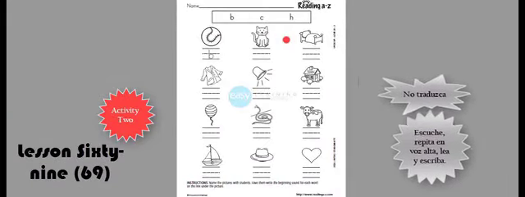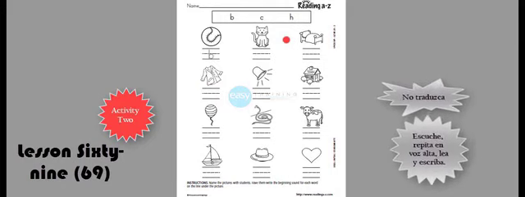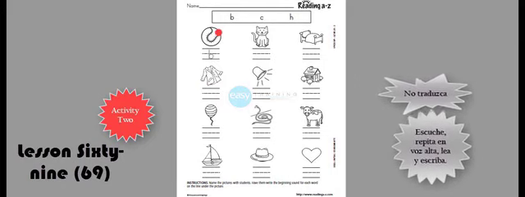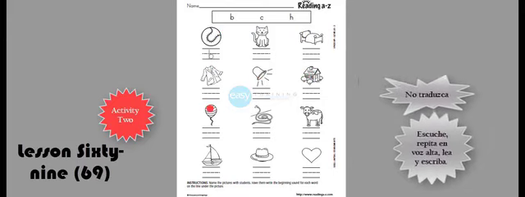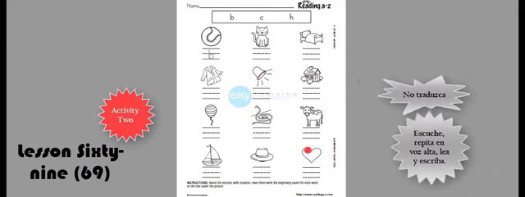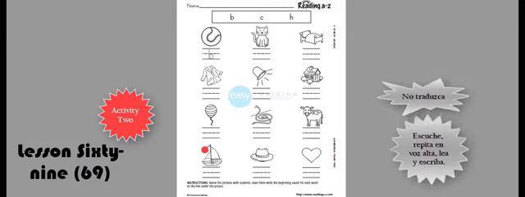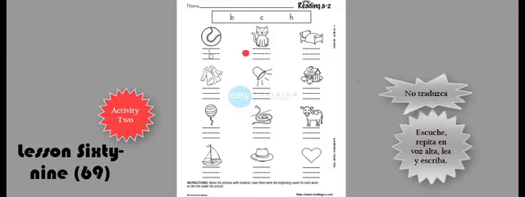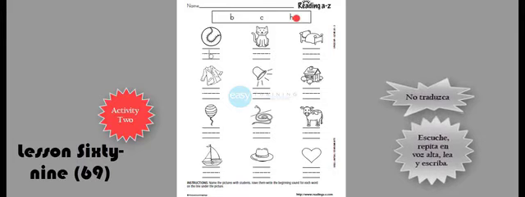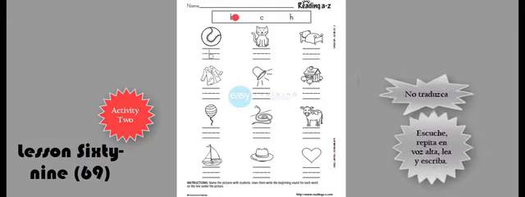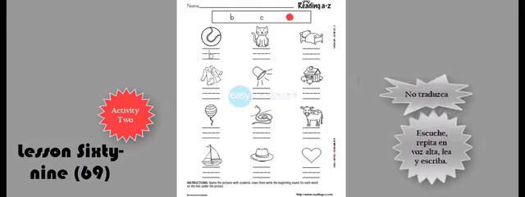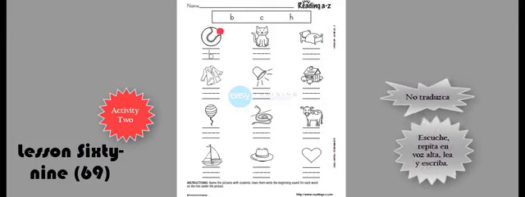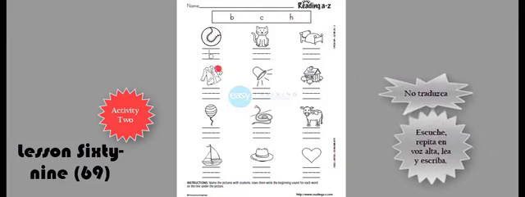This is activity 2. You see there are 12 pictures. 1, 2, 3, 4, 5, 6, 7, 8, 9, 10, 11, 12 pictures. And there are 3 letters in this box. Letters B, C, and H. You and I are going to name the objects in these pictures.